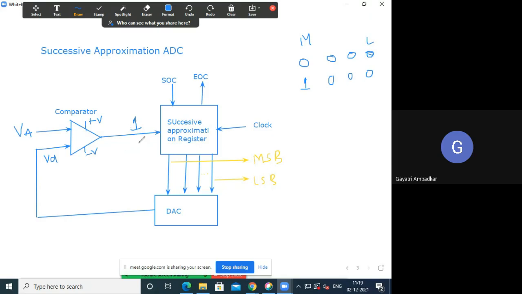For the next clock pulse, if there is again a high, it keeps the first MSB high and makes the second one high. See how this works. Initially all 0. Am I audible clearly?